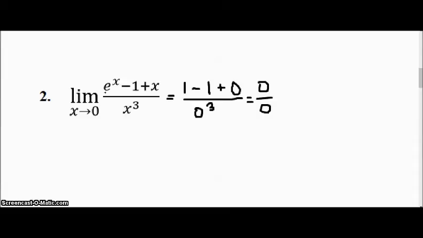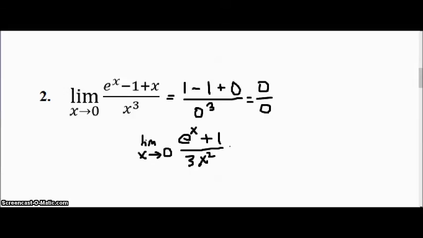Taking the derivative of the numerator, we get the limit as x approaches 0 of e to the x, minus 1 is a constant so it turns to 0, plus 1 over 3x squared.